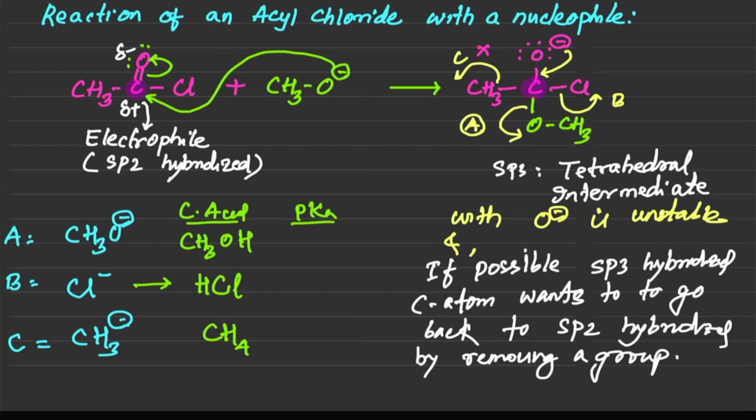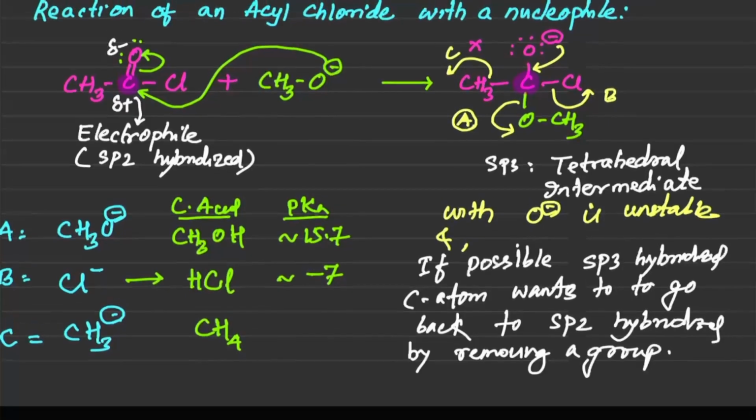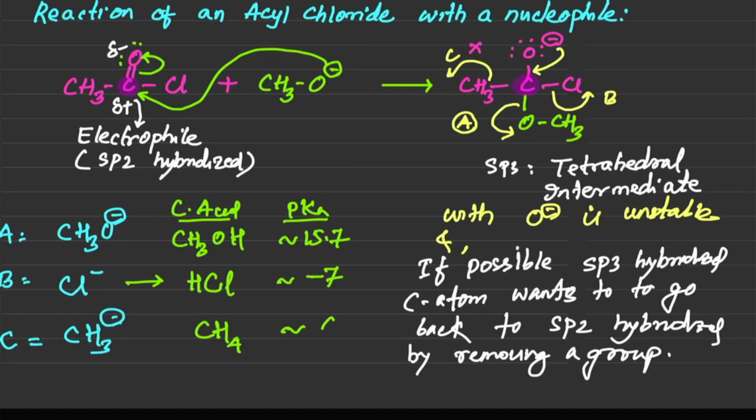So pKa value of CH3OH is 15.7. HCl is -7, if I remember correctly. CH4 should be around 60s.